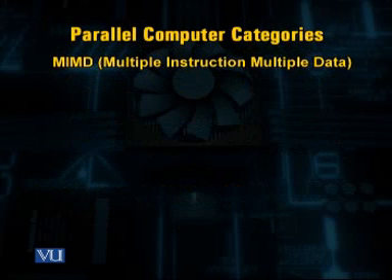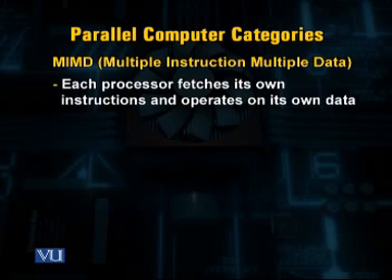The fourth category is referred to as multiple instructions, multiple data, or MIMD. Here, each processor fetches its own instructions and operates on its own data. So there are multiple processors and multiple instructions, and each processor can fetch its own data and its own instructions, and process them.